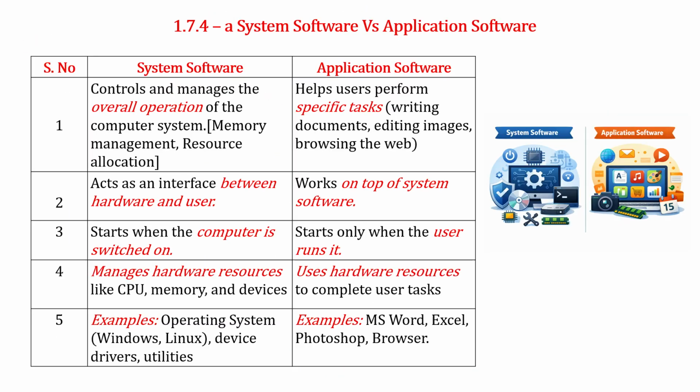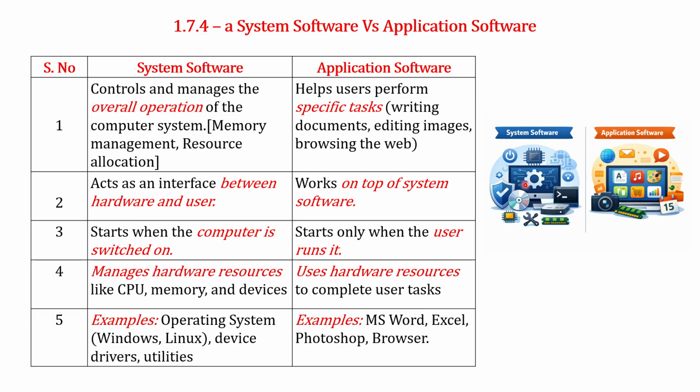Now we shall see the differences between the system software and the application software. The system software is responsible for the basic functionality of the computer system. It controls and manages the overall operation of the computer system.